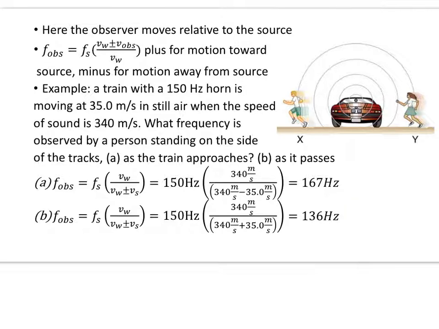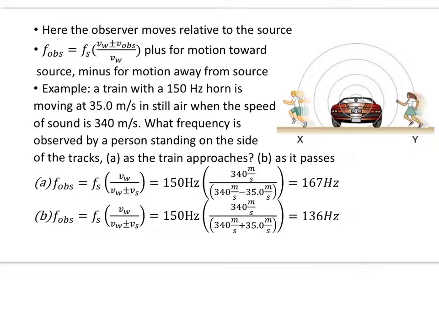So in this case, we've got the frequency of the source times the velocity of the wave, which remember is sound, plus or minus the velocity of the observer divided by the velocity of the wave. And use the plus sign where the motion is toward the source, like here, and the minus sign, like here, where the motion is away from the source.